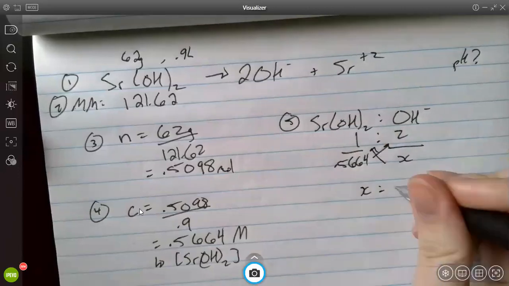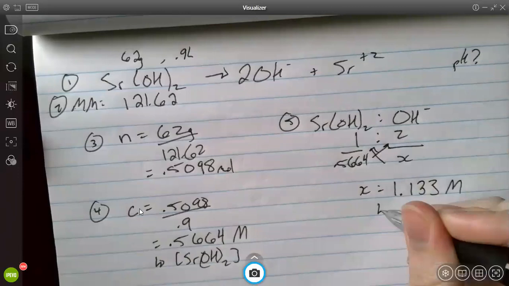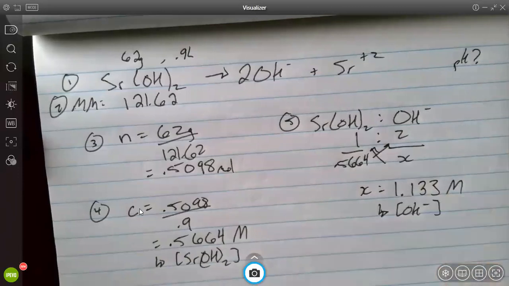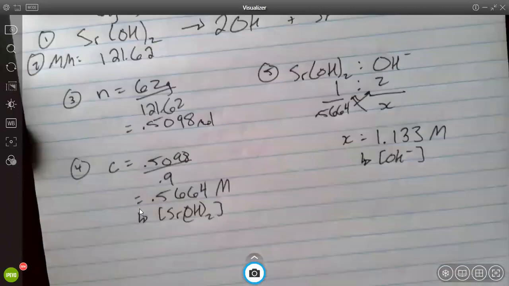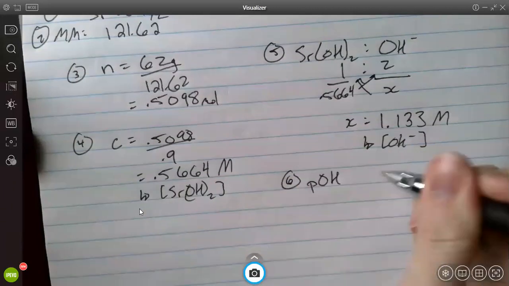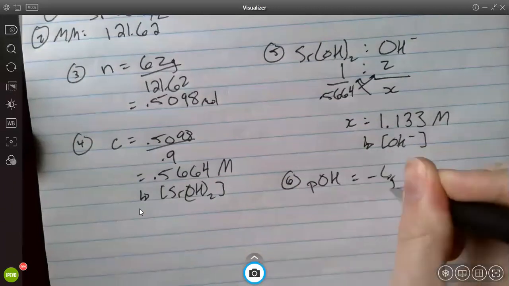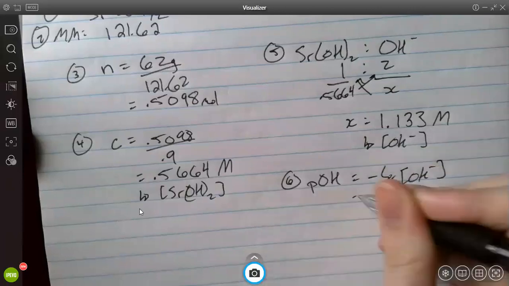And I should get 1.133-ish moles per liter as my concentration of hydroxide ion. Now that I have that, you can either convert this to your concentration of hydronium ions, or what I find easier is calculate pOH, which is the negative log of the concentration of hydroxide ions.